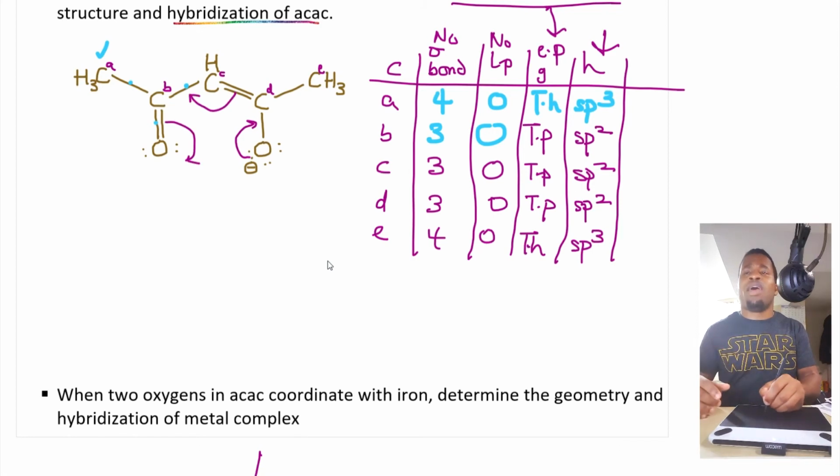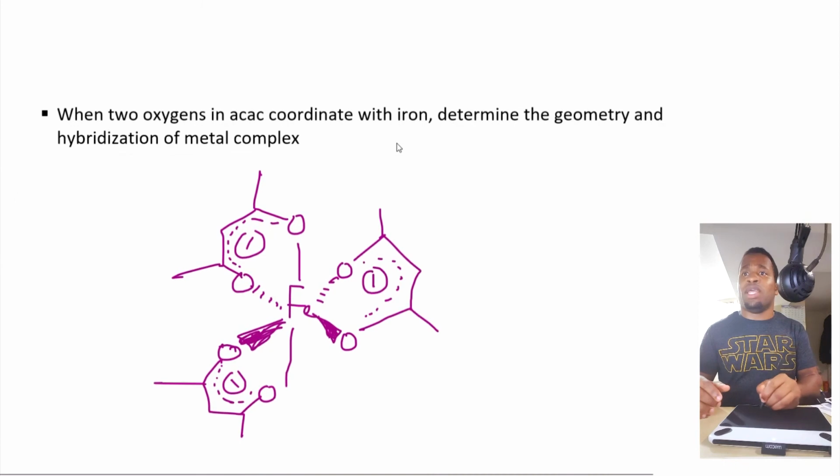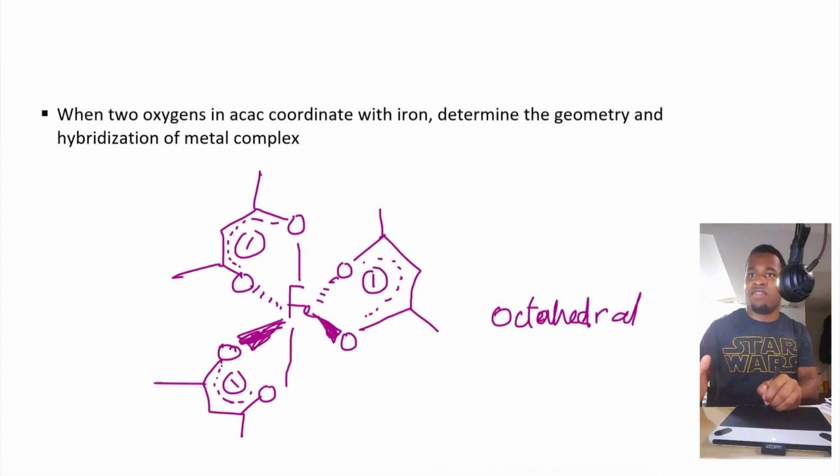Let me hear your thoughts about the hybridization, and most importantly, notice here that this is known to be octahedral, because this ion has 6 bonds, and since it has 6 bonds, there is no lone pair on that particular ion.